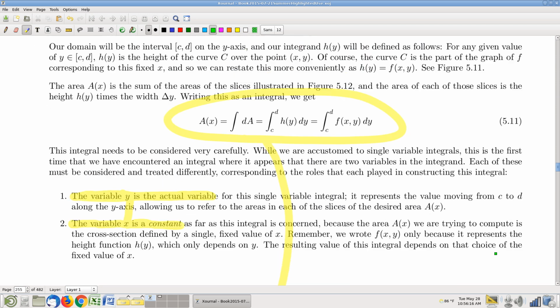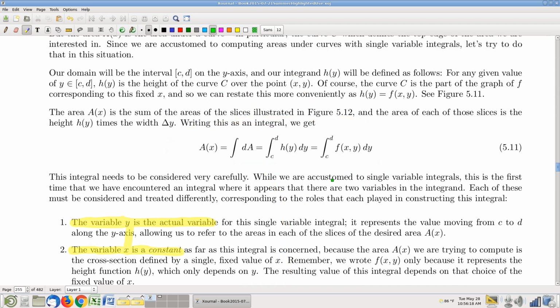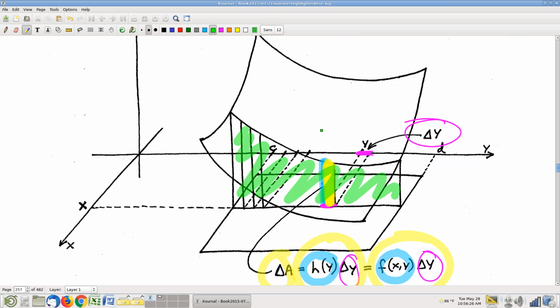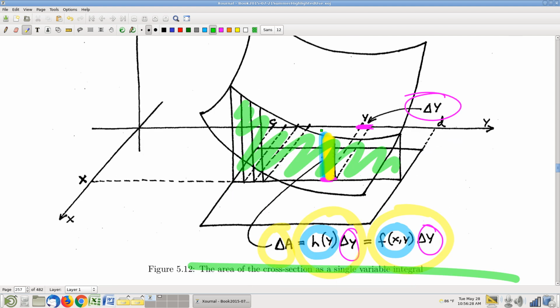Here it is: A(x) is the integral of f times dy. Let me go back down to the picture. This cross-sectional area, what we're going to be adding up, these little slices of area, f(x, y) delta y.